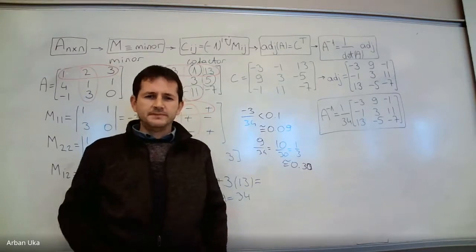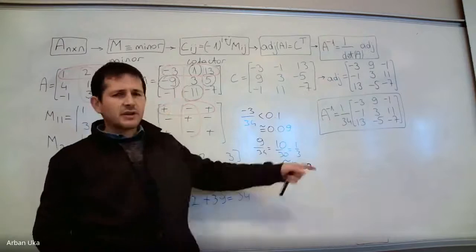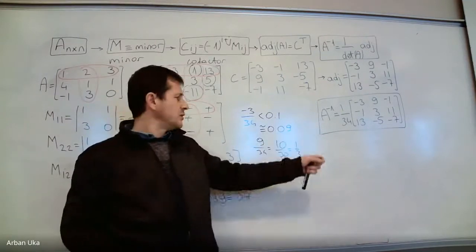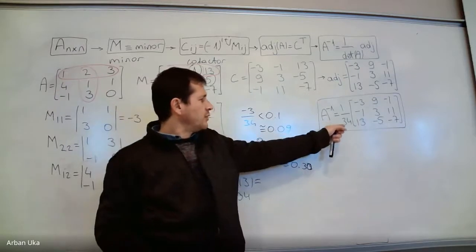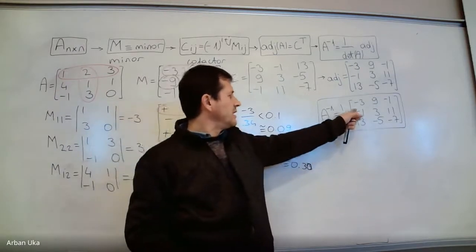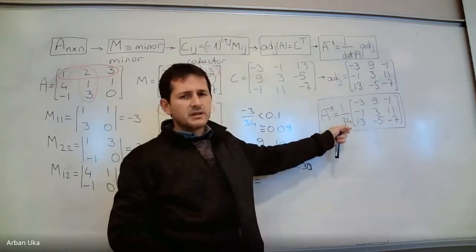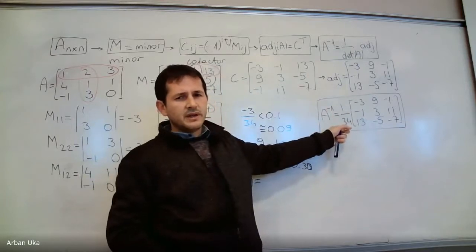Probably if the determinant is 1, right? If the determinant is equal to 1, because we see that we are dividing all of these adjoint numbers by the determinant, okay?